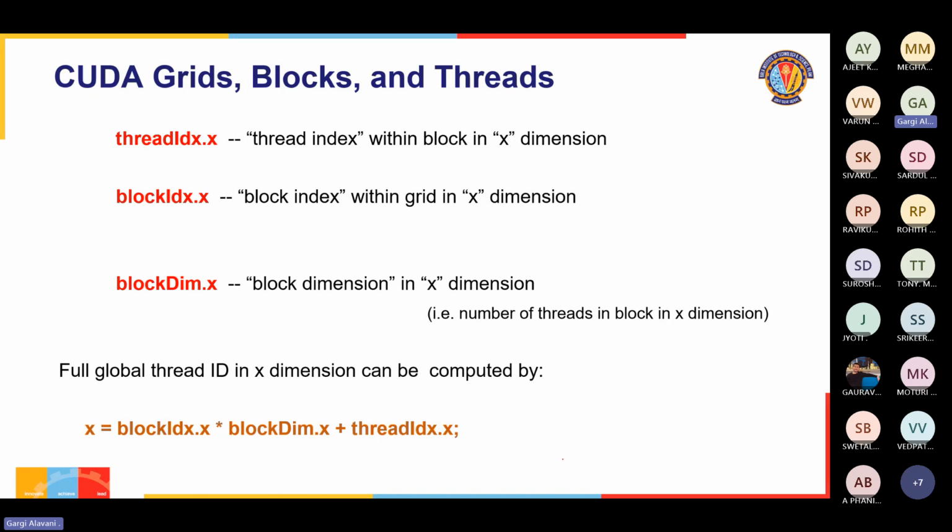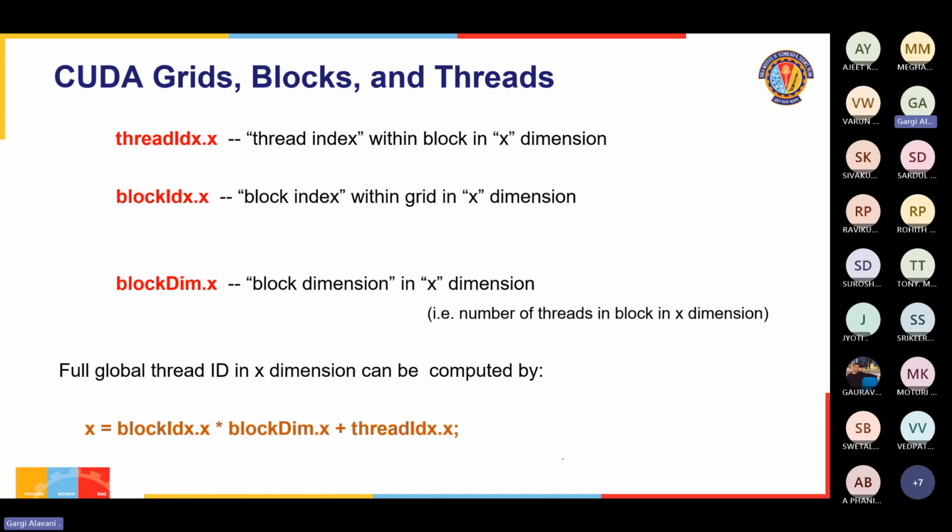Each thread finally will be flattened and each thread will have a unique index. It may have some index in your block which is common across multiple blocks, but eventually you have to find which thread is going to do the task.